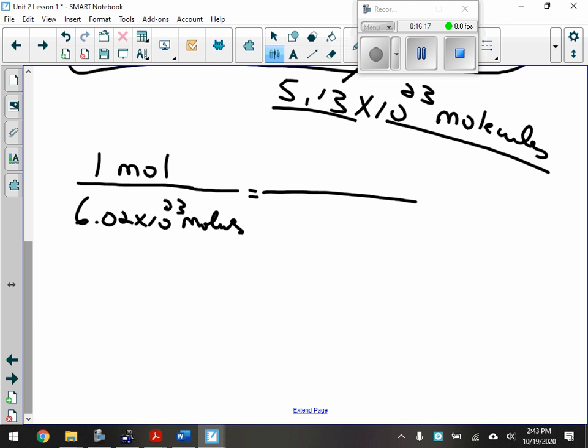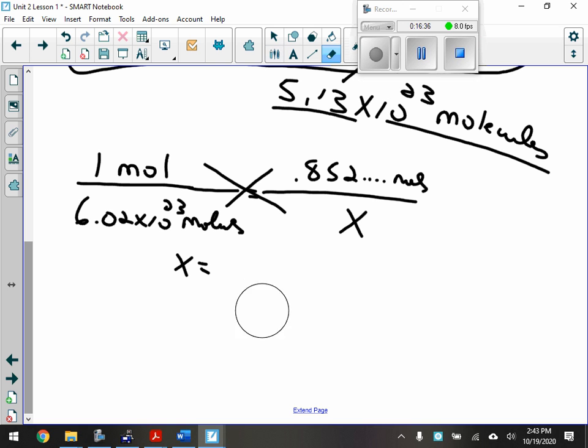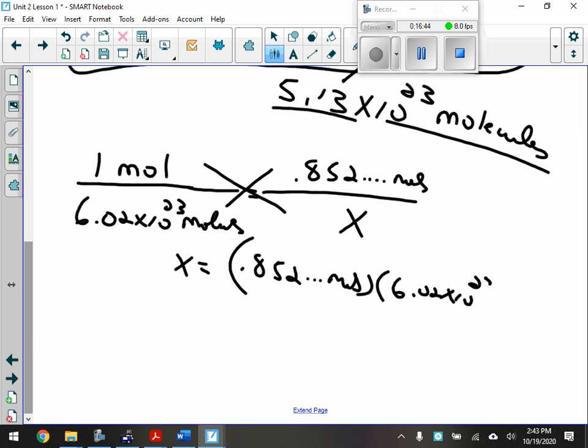Well, what's 0.852 moles? How many molecules would that be? And you could cross multiply and solve or whatever. It's up to you. So again, 1 times x is x. 0.852 moles times 6.02 times 10 to the 23 molecules.